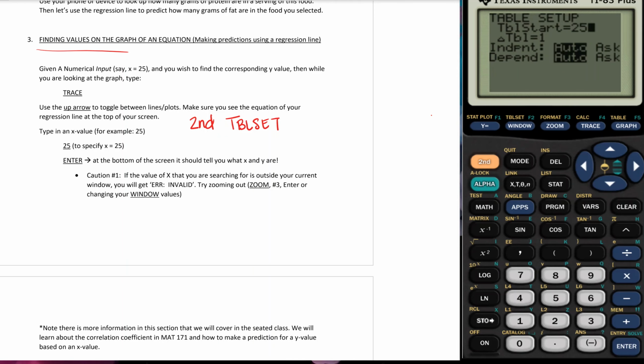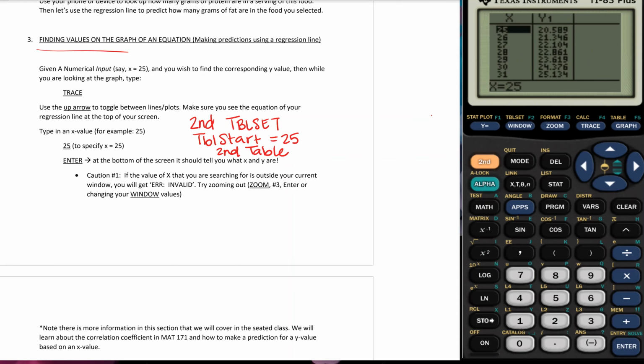You plug in 25 and then you hit enter and go to the table, and it actually also gives you the answer. We put the number that we're looking for into table start. In this case, we put 25. And then we just hit second table, and it jumps right to it in our table.